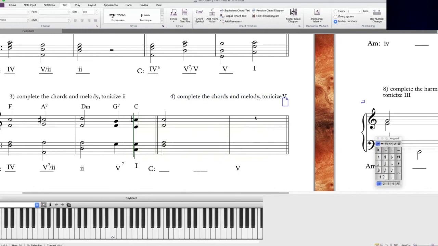So figure out what the 5 is going to be. In C major, that's of course going to be G, and then back up from there. Once you know you want to tonicize G, you can figure out what the dominant of G is going to be. That will be your second chord, right? So whatever you figure out as the dominant of G, that's got to be chord number 2 here right in the middle.